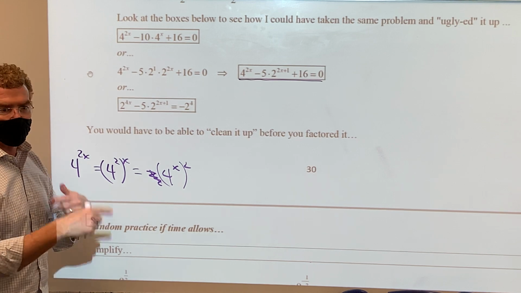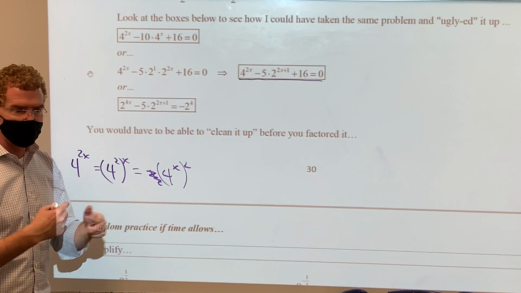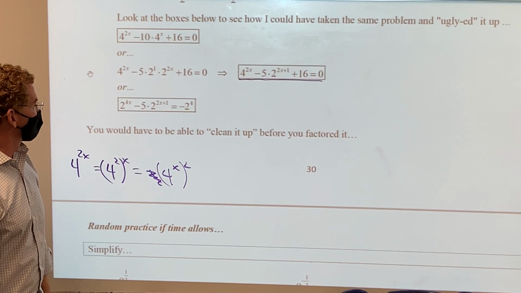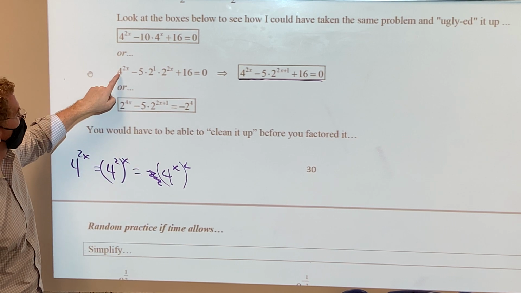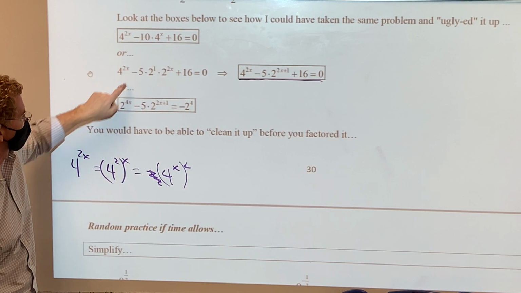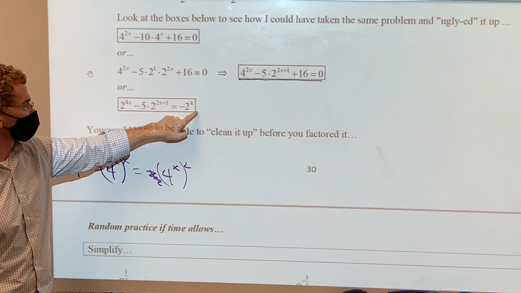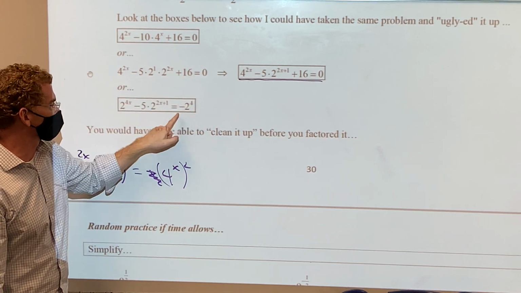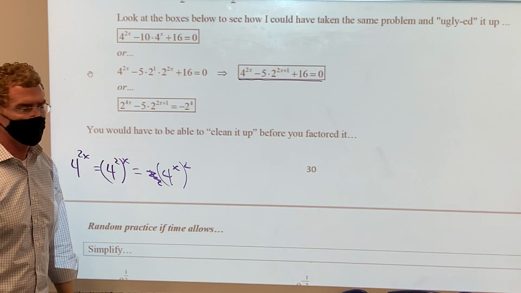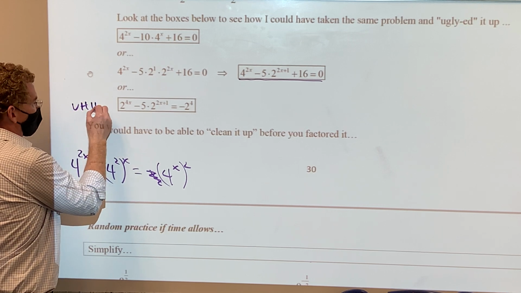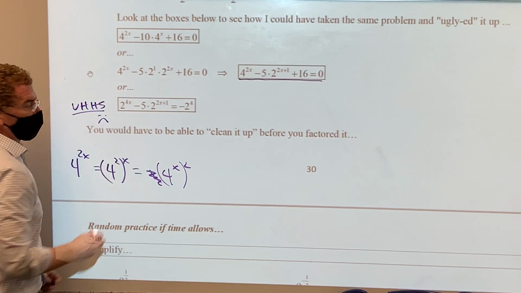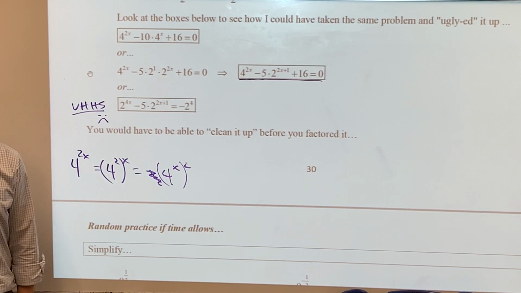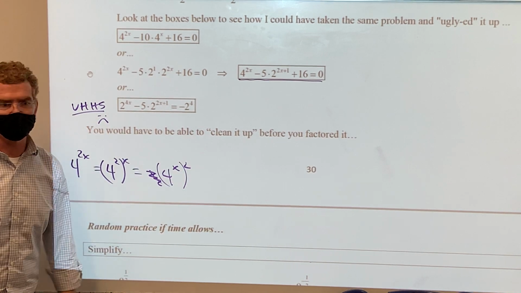Let me see if I can break that up, simplify it a little bit, maybe I can get somewhere. And then I could even change the 4 to a 2 squared to the 2x and have this. I could even move the 16 over and make it negative 2 to the 4th. And this is what Vestavia likes to do to us on a ciphering question, is spit that at us and see what we can do.